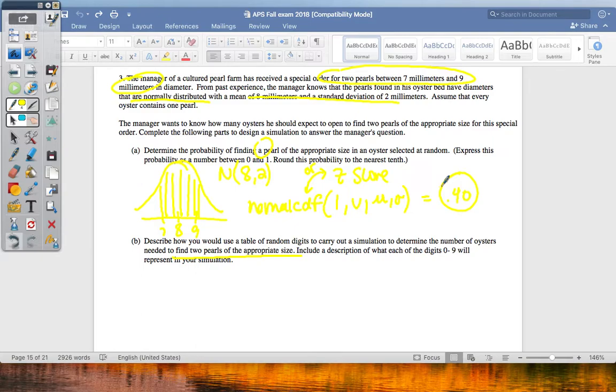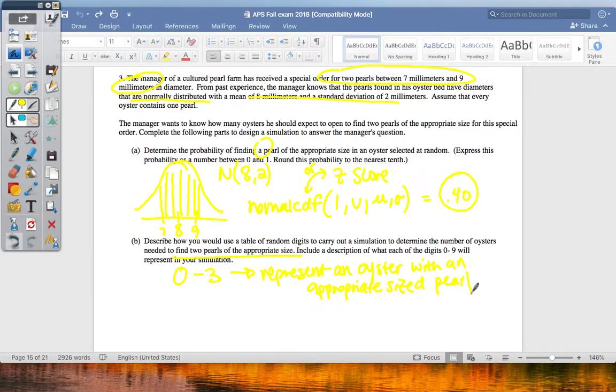So a couple of things you need to know. First off, you would say each of the digits represents a specific oyster that is selected. Let's say that 0 to 3, and again you would write this out, would represent an oyster with an appropriate sized pearl.